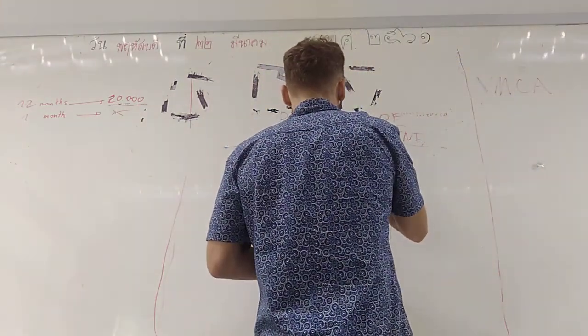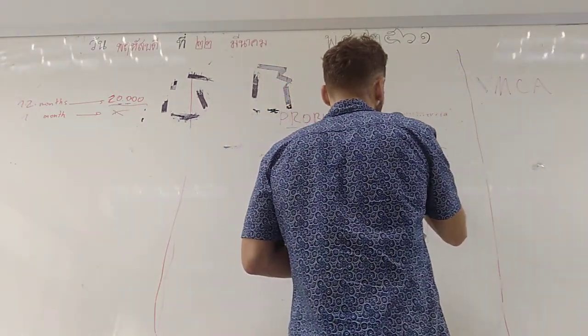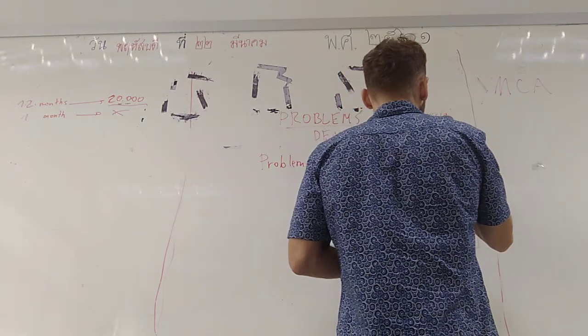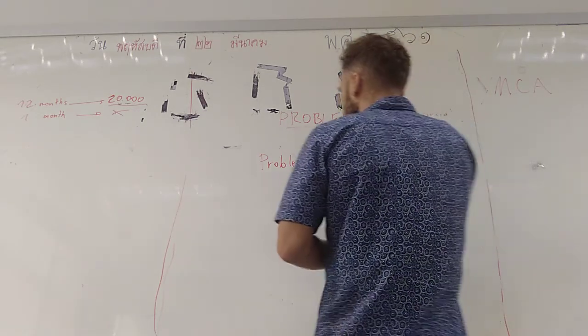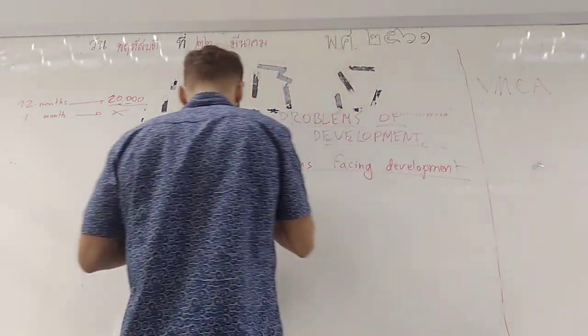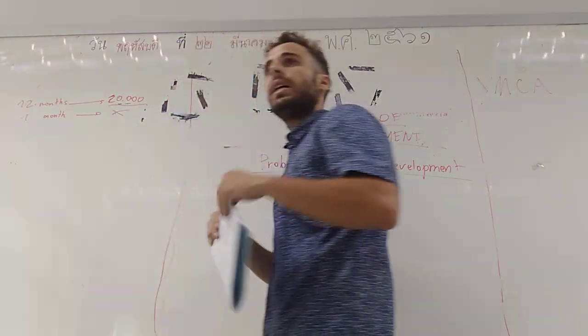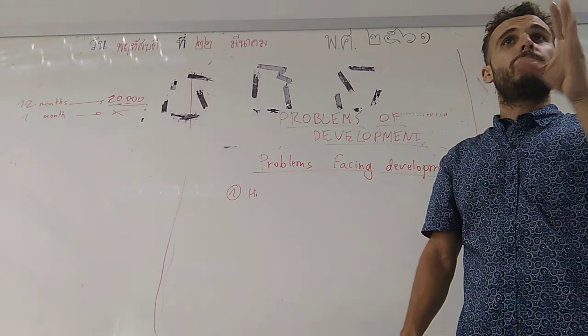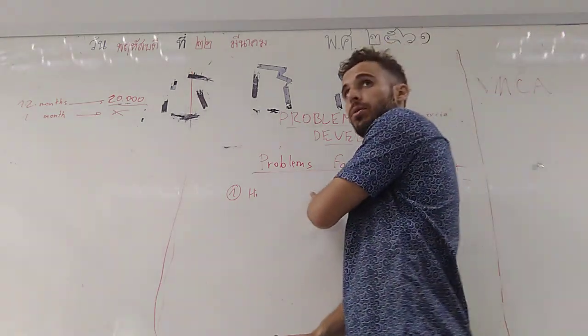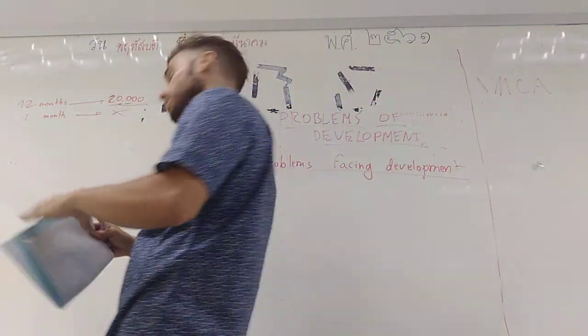problems facing development. Quick list. Number one. When you say A about birth rate, it will be a problem for development. Not good, but the opposite, bad.